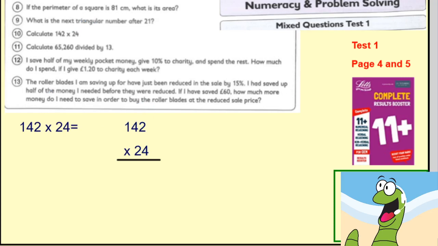So, a 3-digit number multiplied by a 2-digit number. 4 times 2 is 8. 4 times 4 is 16, so 6 down there, and we carry my 1 over. The 10, so that becomes 100. 4 times 1 is 4, and that one is 5.